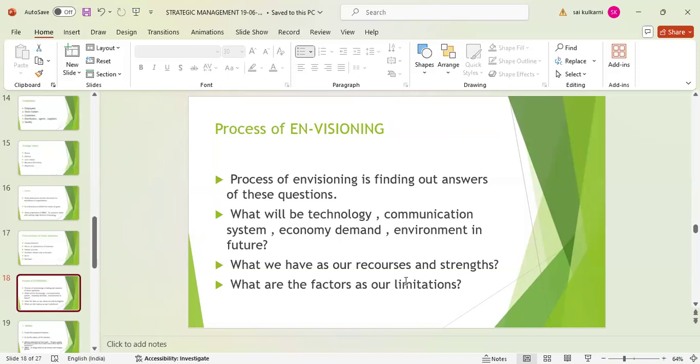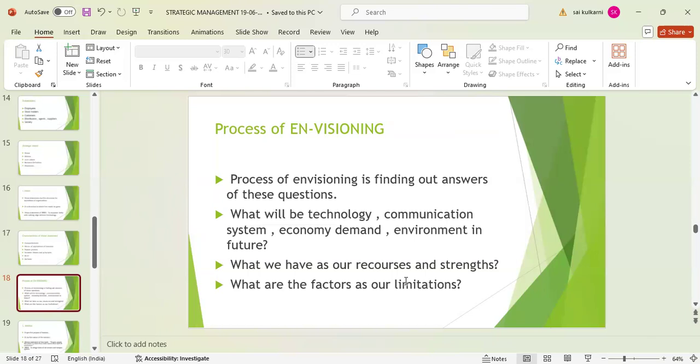After that, you have to ask questions like, what do you have in the organization, like resources, assets, or your strengths. You have to study that. There are so many opportunities, but which opportunity can you catch with your strengths and resources? That should be matched with the study.